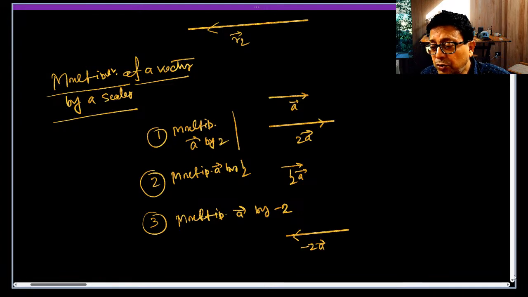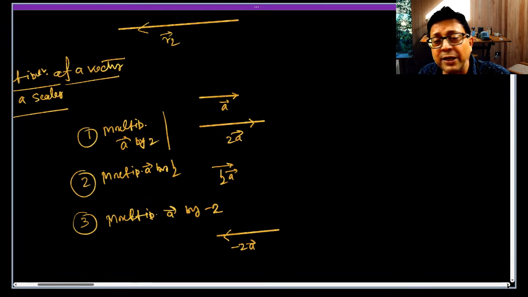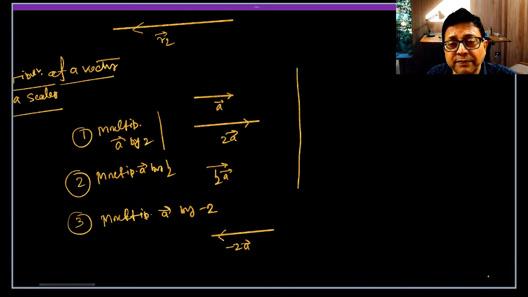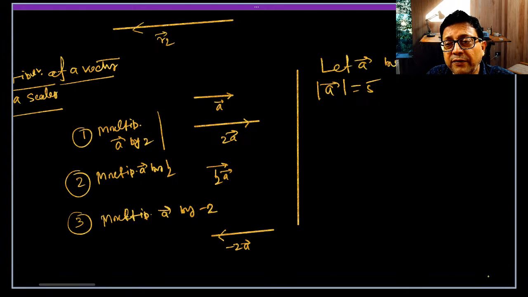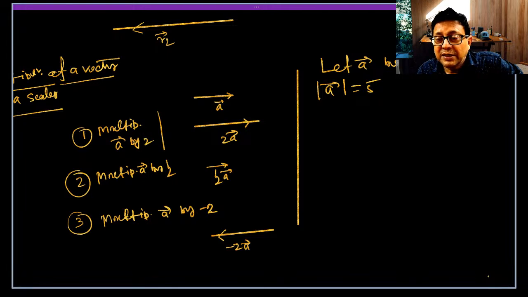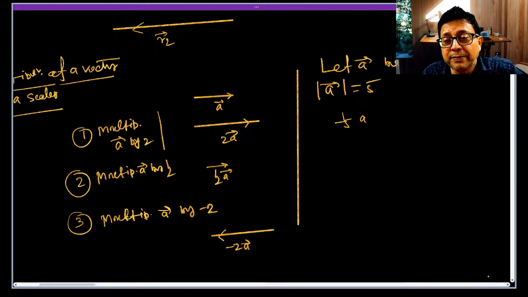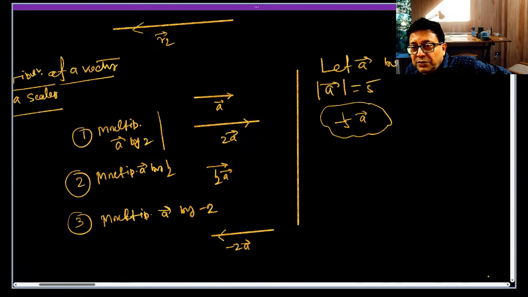So now you just do one experiment. Suppose there is a vector A of magnitude 5. Okay? Mod A equal to 5. Let A be a vector and mod A equal to 5. Can you represent 1 by 5 A vector? Is it possible? Yes, we can do it.